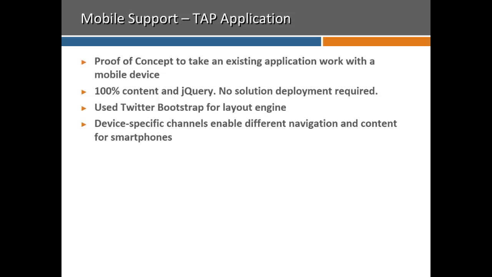And just some technical features about this application before I get into the demo. It was 100% content driven, so in the end there were no solution deployments for it. It was all jQuery code calling existing web services on the back end that existed for the current application.